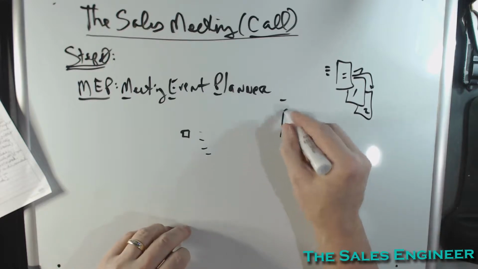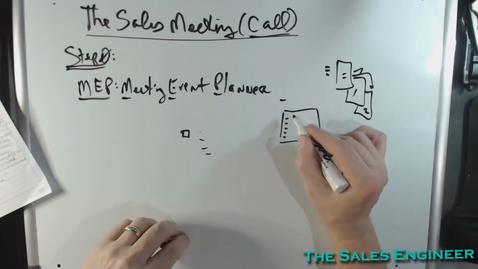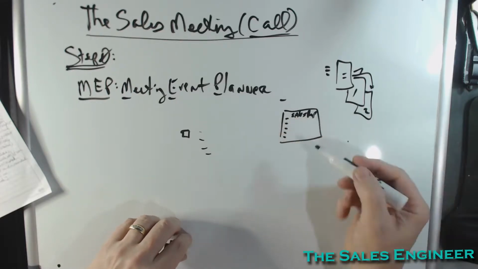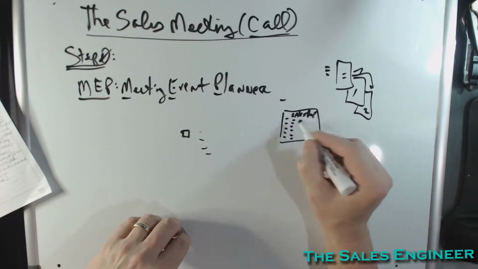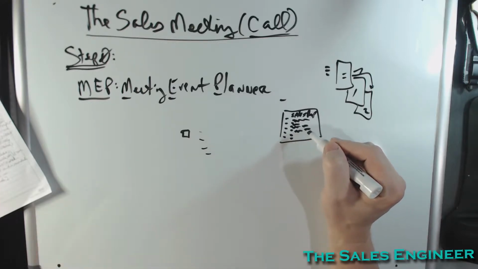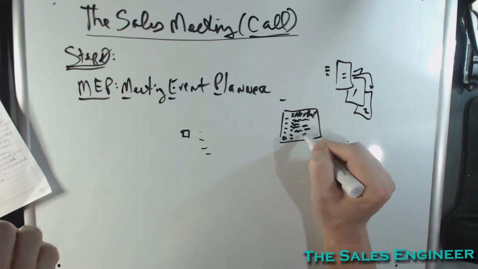I like using cue cards, and I guess that's a bad way of putting it, but the sales rep would have a card, and the things that I would give him, or her, would be a list of things to touch on, things not to forget, things that we need to get, whatever.